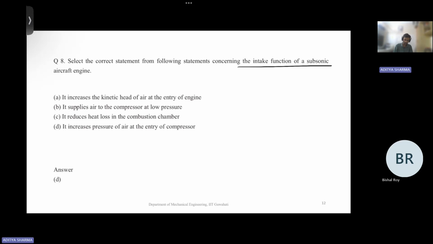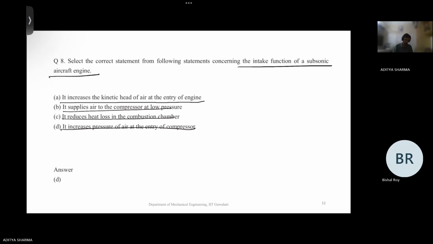The first option is it increases the kinetic head of air at the entry of engine. Second option is it supplies air to the compressor at low pressure. It reduces heat loss in the combustion chamber. It increases the pressure of air at the entry of compressor.